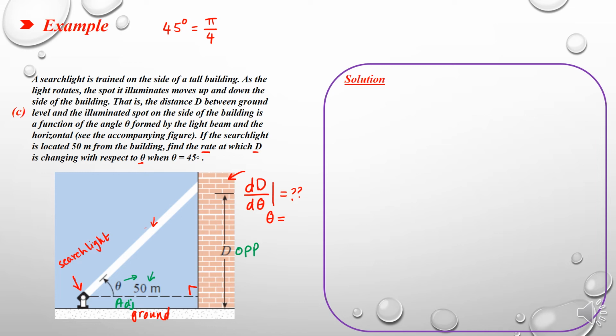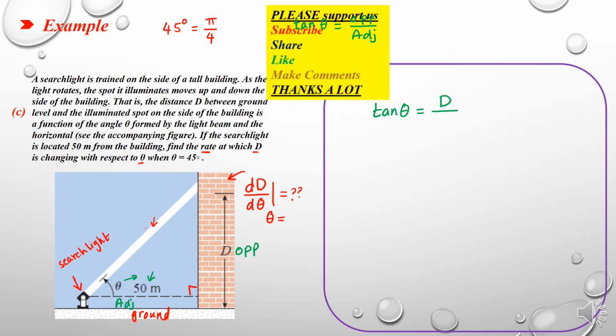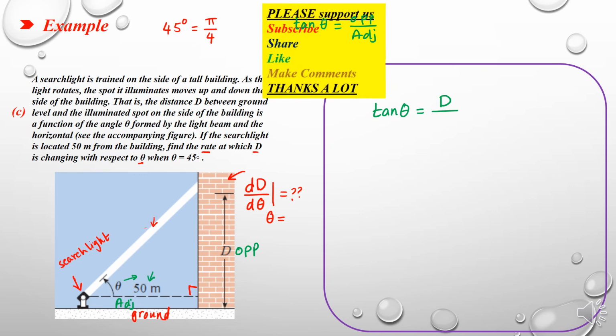So the trigonometric function that relates the opposite with the adjacent is tan theta, equal to opposite over adjacent. So tan of theta equals d divided by 50.